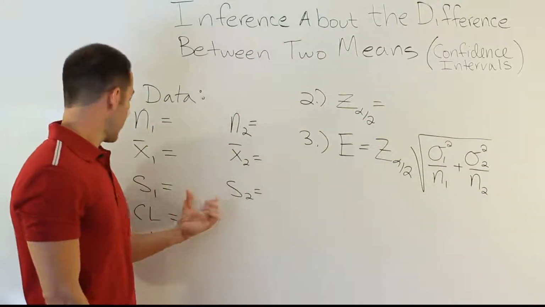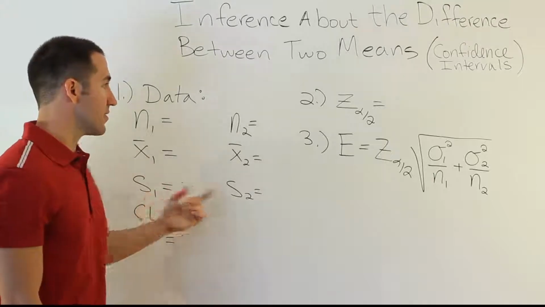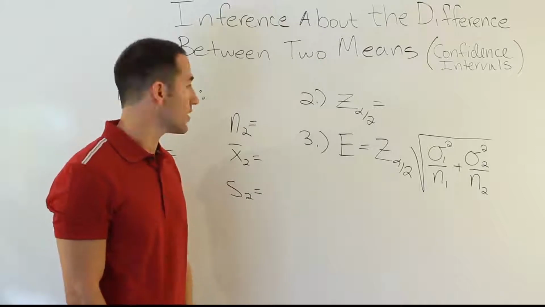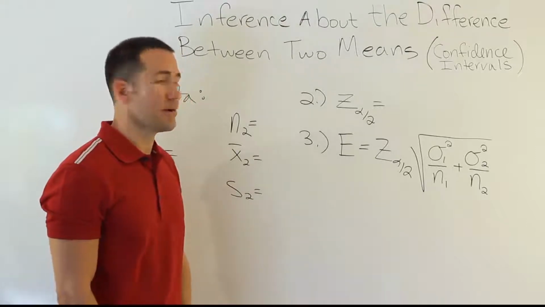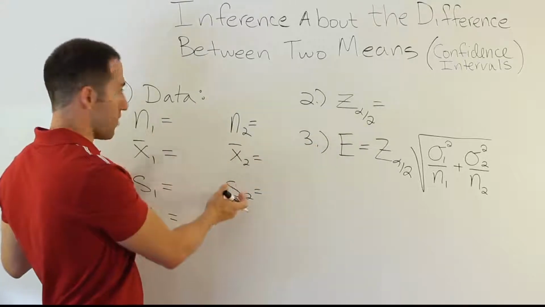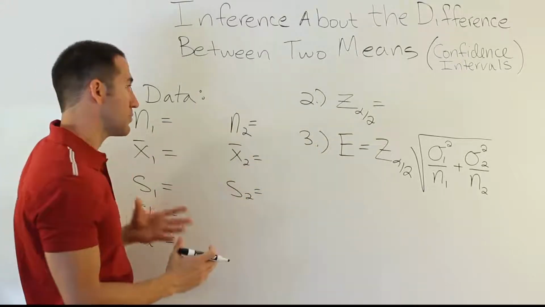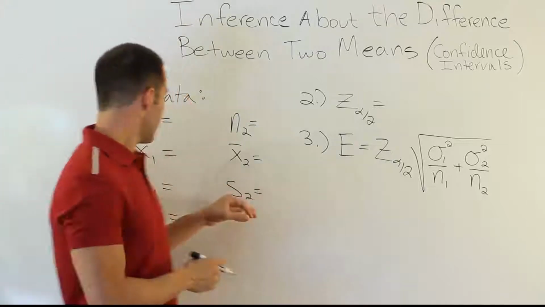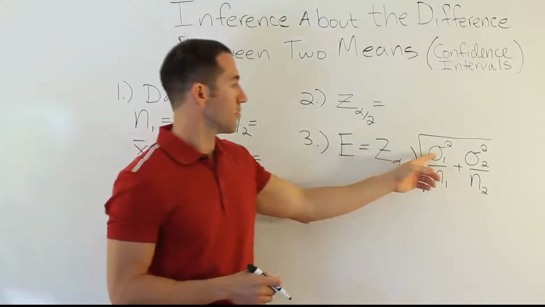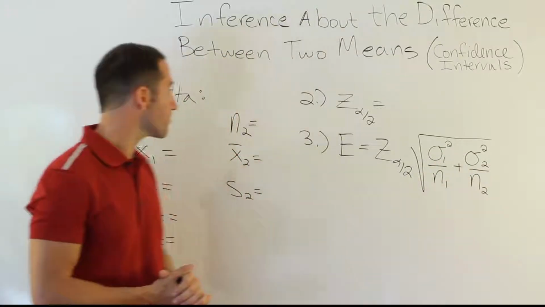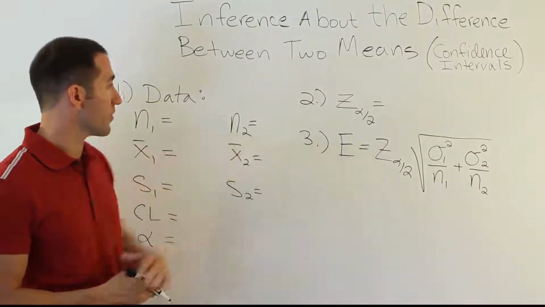And again, you can use the S values as a substitute for those quantities, assuming your sample size is sufficiently large, or assuming that you have normality and the population values are actually known. So it depends which class you're in. If you're in my class, all you need to do to be able to use these S values as replacements for these population values is to assume these sample sizes are both over 30. Okay, by the way, that's your formula for the margin of error.